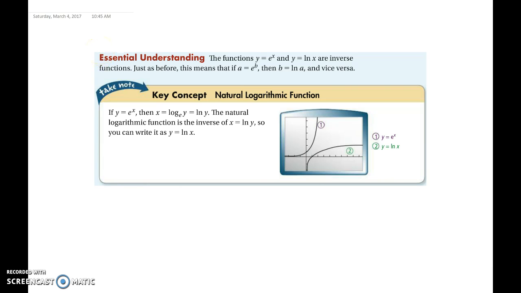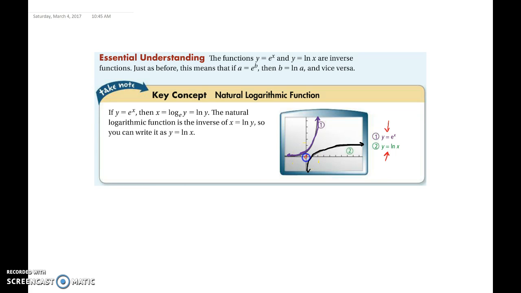So here we have the 2 graphs. The first one is our exponential with the base e. And then our second one here is our natural logarithm that's graphed. Now remember, since these 2 are inverses of each other, their characteristics change, meaning the domain of our original exponential equation now became the range of our natural logarithm and vice versa.